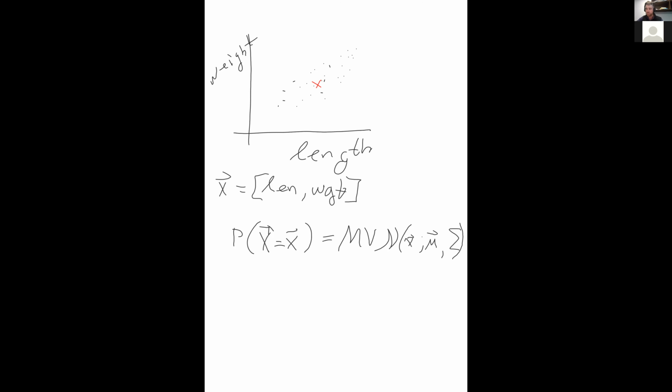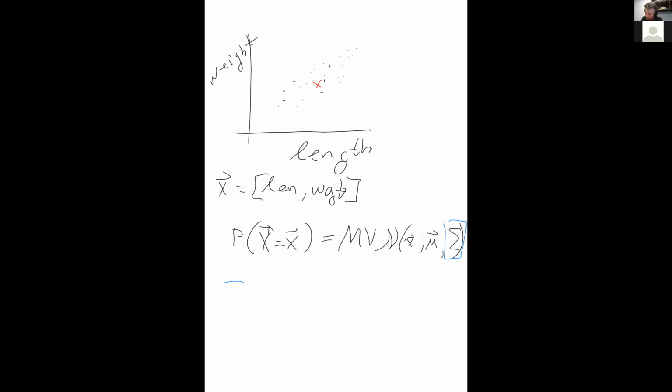But that's not a big difference. But now we've got this covariance matrix here, which is just a little bit richer in its behavior than the univariate normal distribution's variance.